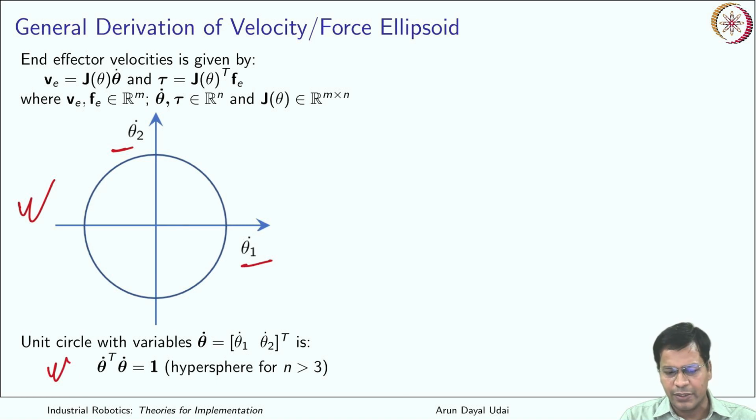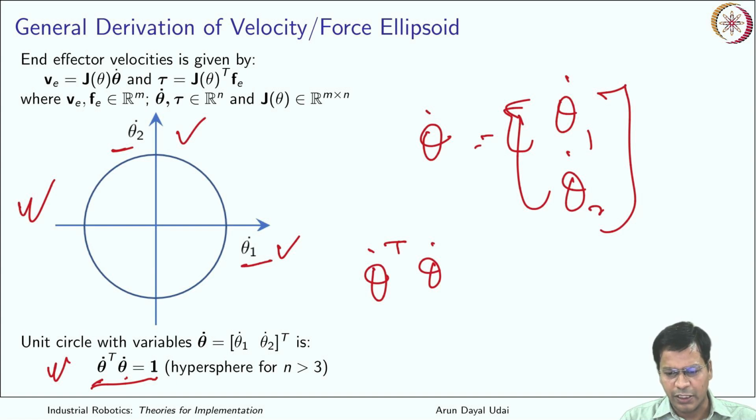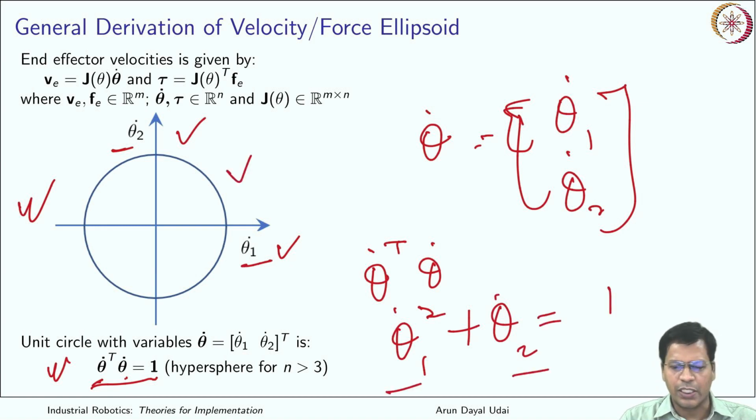So theta bold dot will be an array of theta 1 dot and theta 2 dot. If you say theta dot like this, it is nothing but theta 1 dot square plus theta 2 dot square is equal to 1. This represents a unit circle like this.